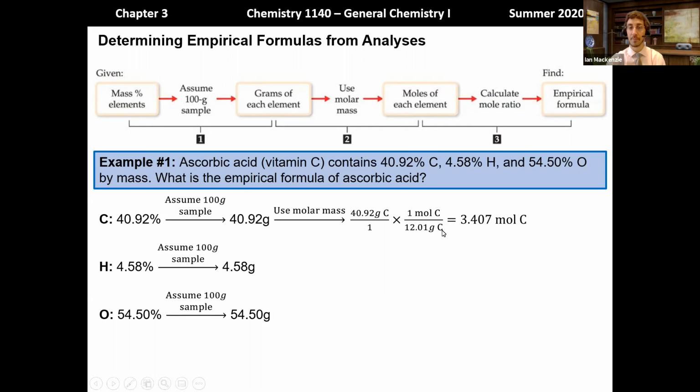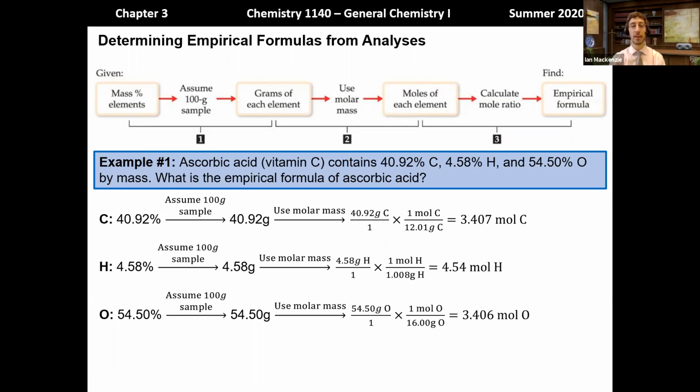Grams goes on the bottom. Multiply this through, and I come out with 3.407 moles of carbon. Do the same process for hydrogen, same process for oxygen, using the appropriate atomic weights or molar masses for each element. And now I have moles of each element.